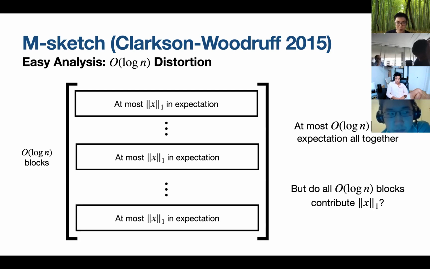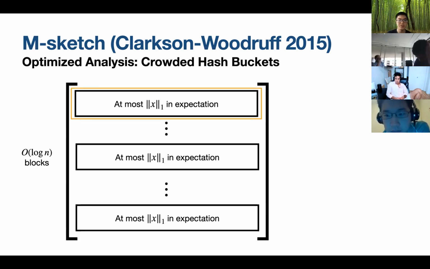But do we really need to account for every single one of these contributions for all log n blocks, since that's what gives us the log n distortion factor? To remove that, we're going to do a more careful analysis. Let's consider one of these blocks that samples at a much higher sampling rate relative to m.